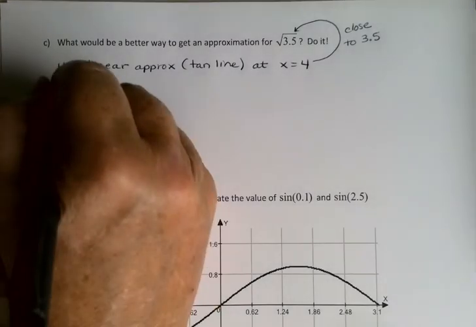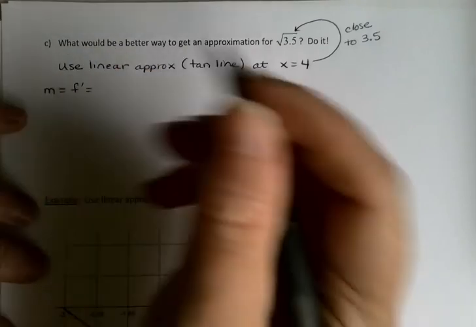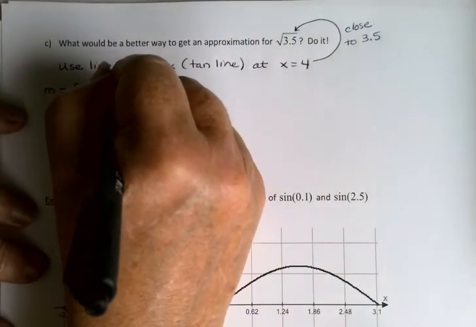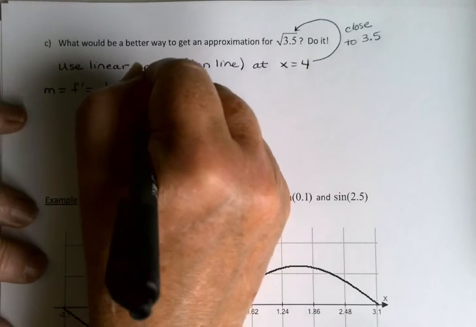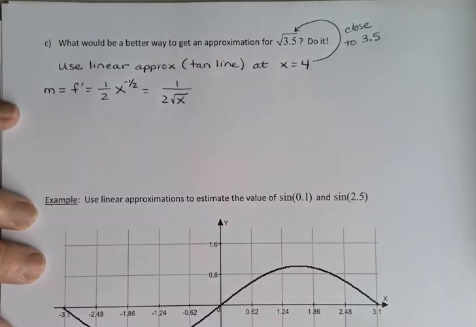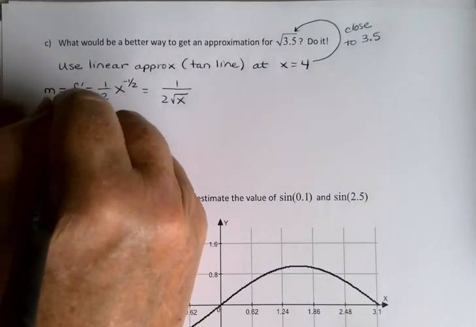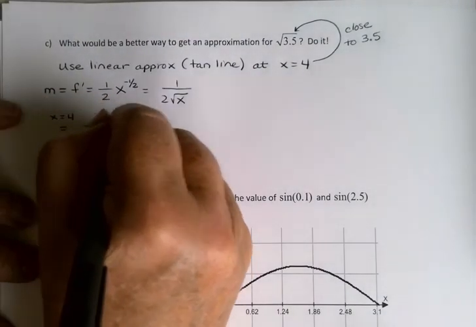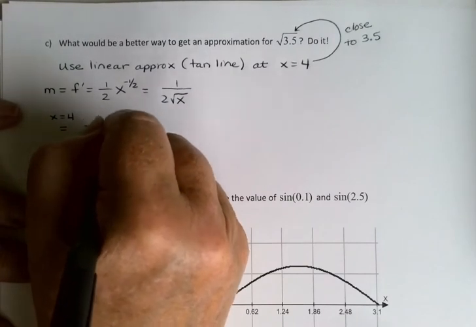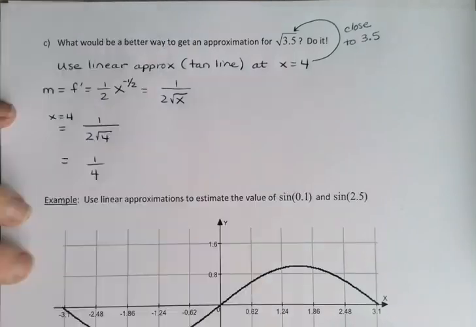All right, so here we go. Our slope is our derivative, and it's still the square root, so it's still 1/2 x to the negative 1/2, or 1 over 2 square root x. But now I'm plugging in x equals 4. So 1 over 2 times 2 would be 1/4.